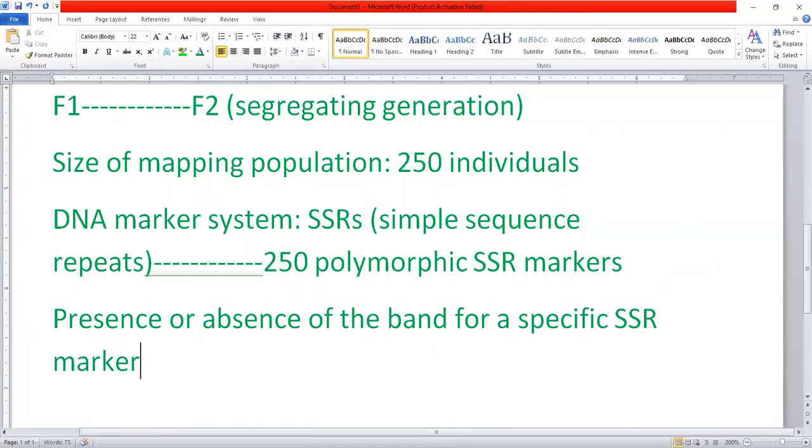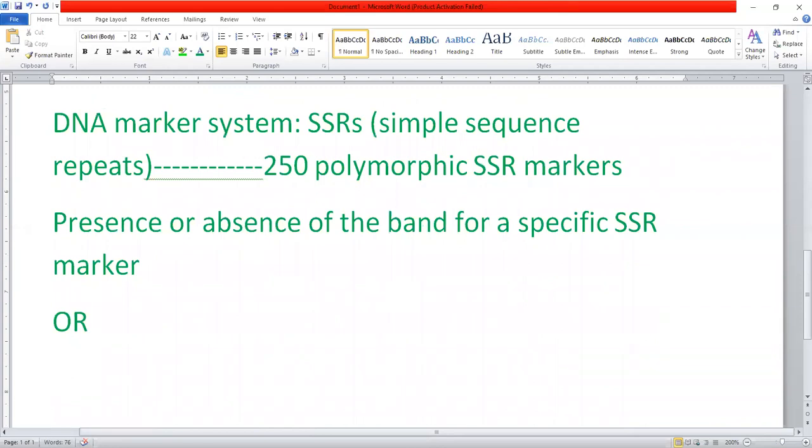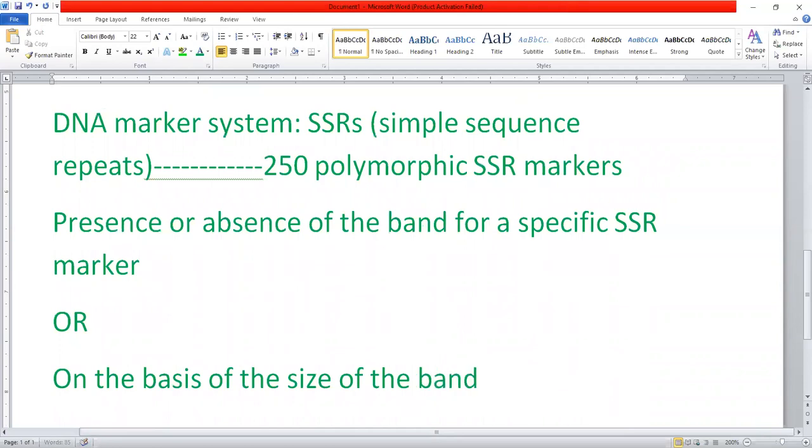or another way to record the data of the marker is on the basis of the size of the band in base pairs.